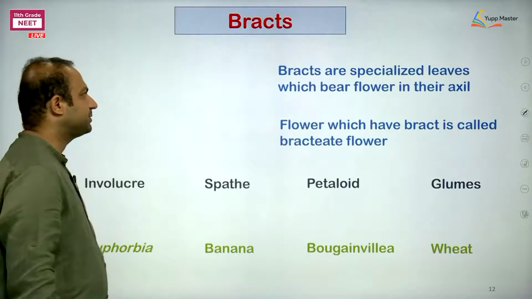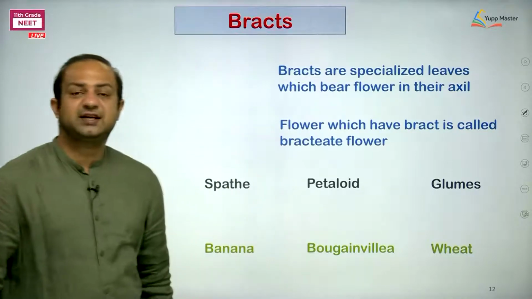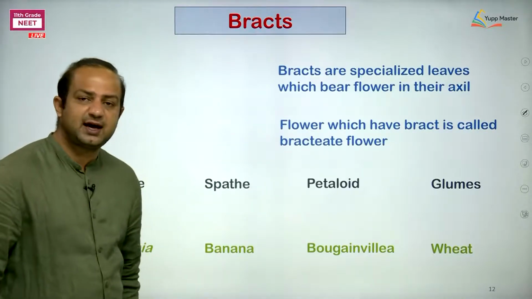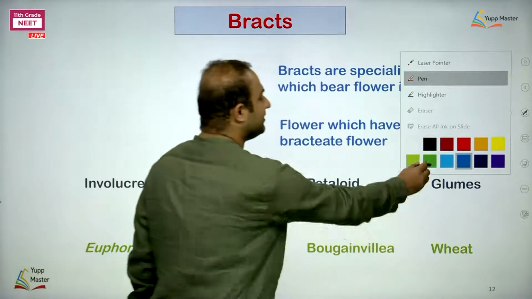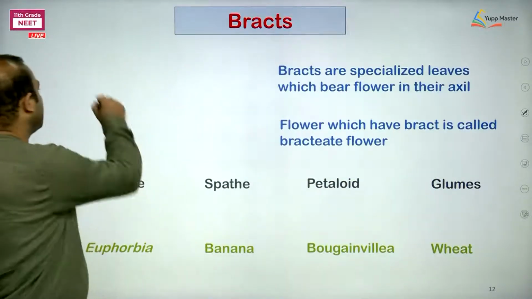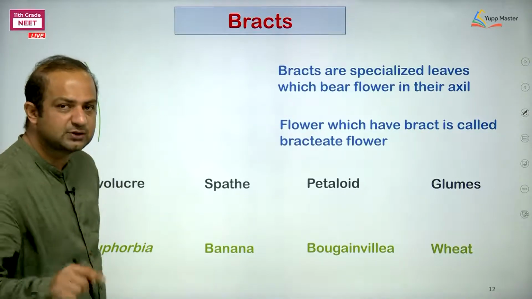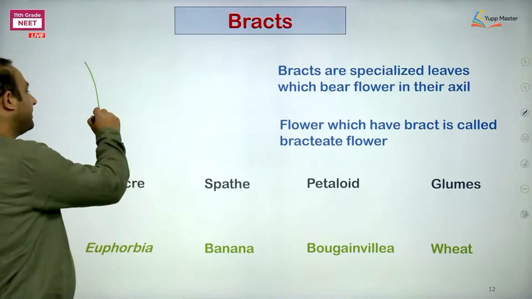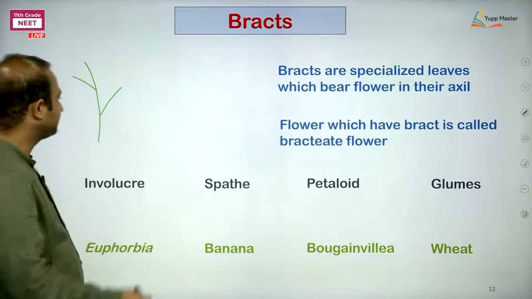Right. Next, about the rest of the parts of the flower: bracts. When we were studying inflorescence, I told you that there may be some leafy appendages. This is the peduncle, meaning the floral axis on which the flowers are coming, and these are pedicels.